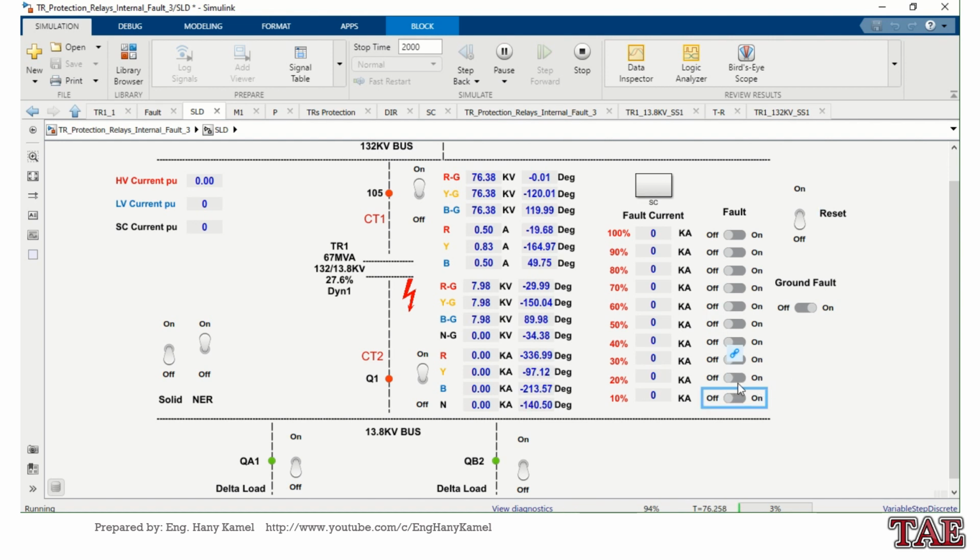I will start to make second 10%, meaning 20% from the winding, shorted with ground. Still no operation. 30% from the winding shorted to ground.